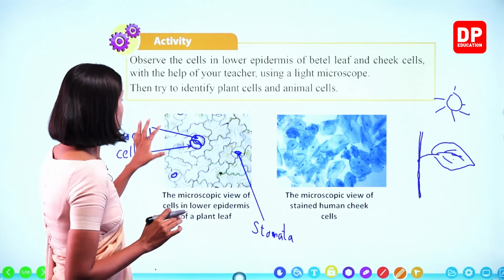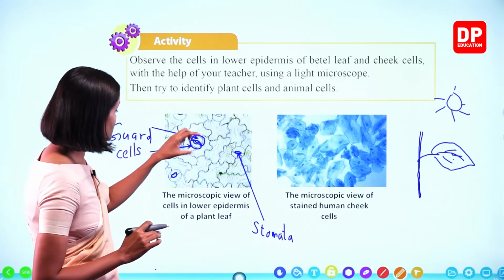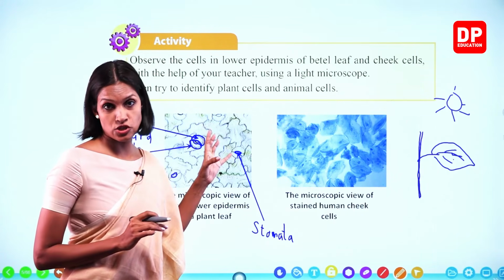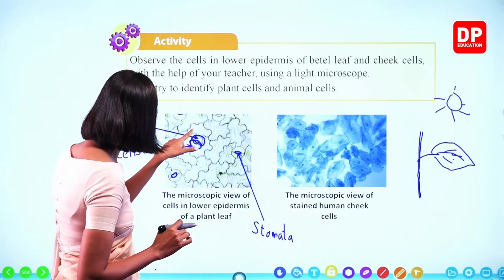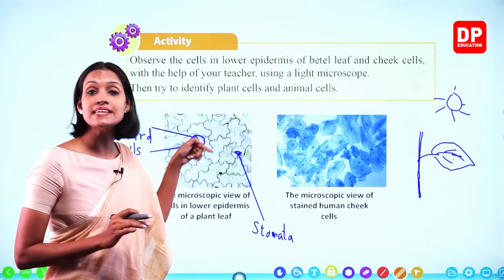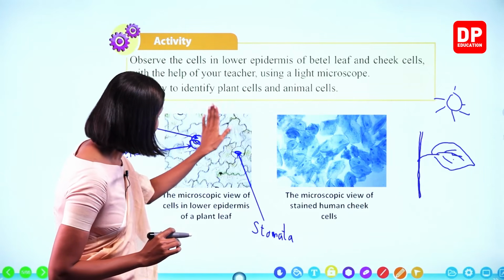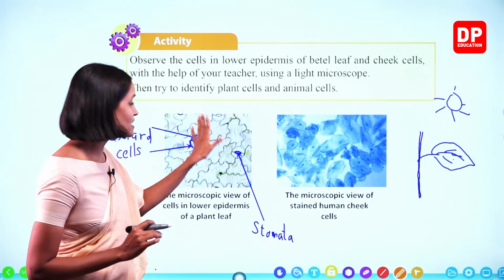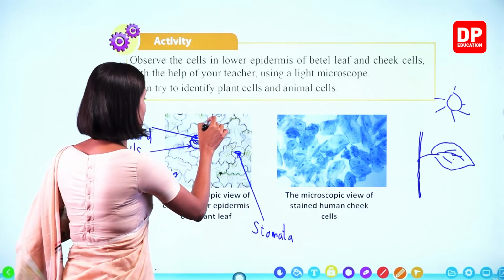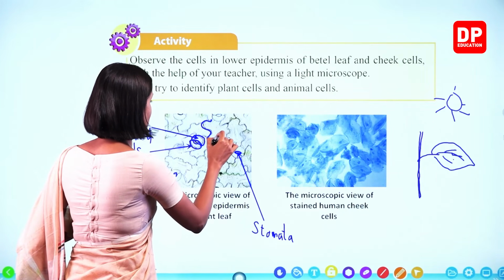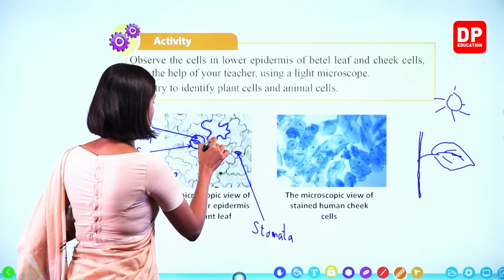Okay, children? So using the guard cells, the size of the stomata can be changed. Guard cells are a certain type of cells. Apart from guard cells, the other parts of the leaf contain another type of cells. Now you all can see here, these are the other types of cells.